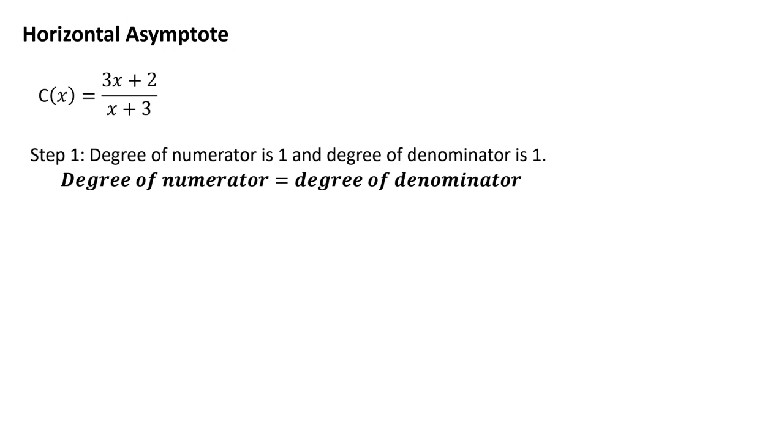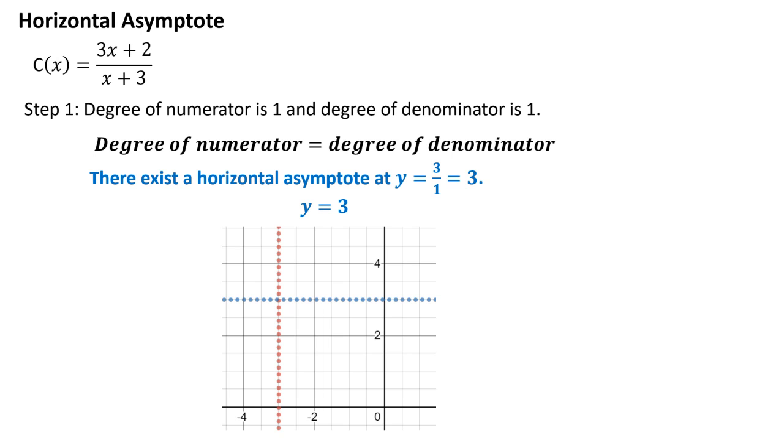So when the degree of the numerator is equal to the degree of the denominator, we have a ratio of the leading coefficient of the numerator divided by the leading coefficient of the denominator. The leading coefficient of the numerator is 3. The leading coefficient of the denominator is 1. So this is 3 divided by 1, which gives us 3. So on this particular problem, our horizontal asymptote is at y equals 3.